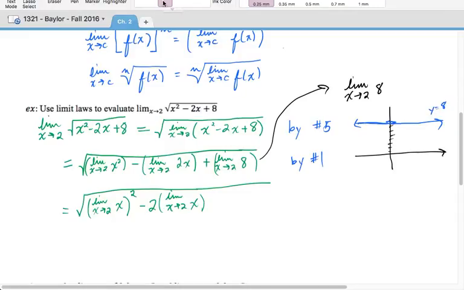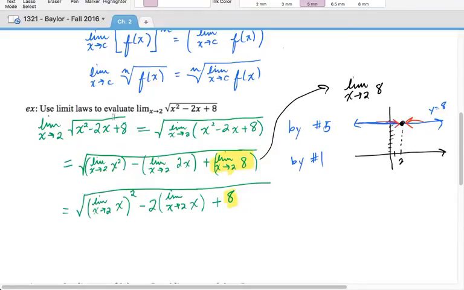If x is approaching 2, it ought to be pretty obvious that whether you approach 2 from the right or from the left, your y values are always 8. So the limit is going to equal 8. So this limit as x approaches 2 of 8 is equal to simply 8.